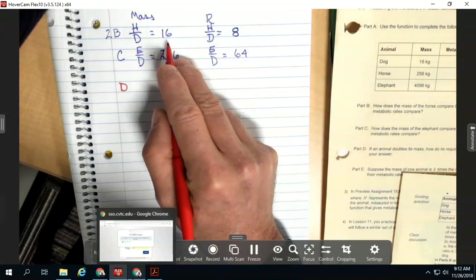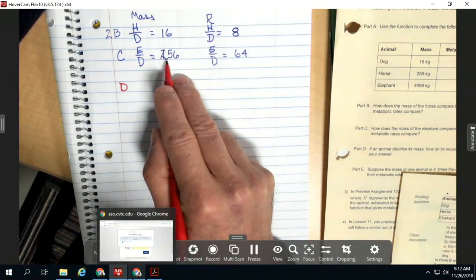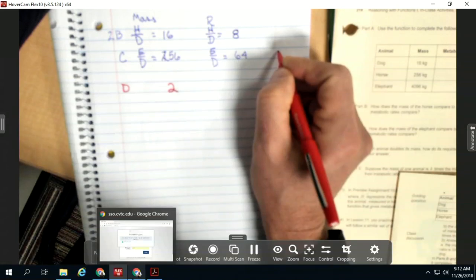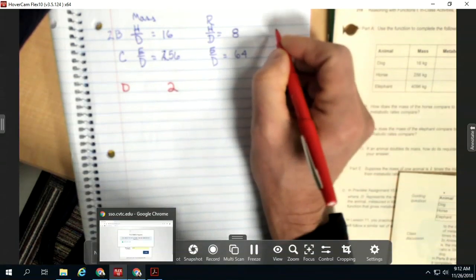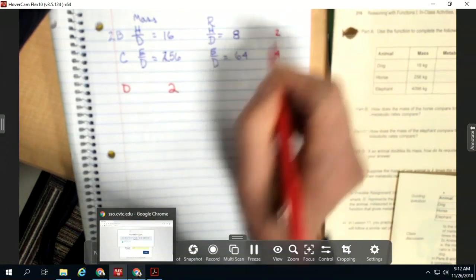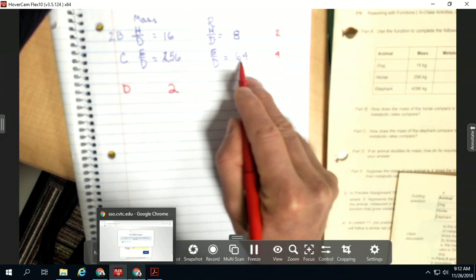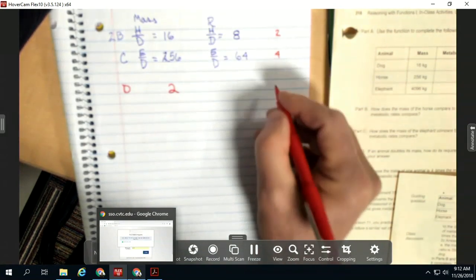Well, if you notice, if you take 256 divided by 64, you get 4. If you take 16 divided by 8, you get 2, right? So 8 is 2 to the third. 64 is 2 to the third.